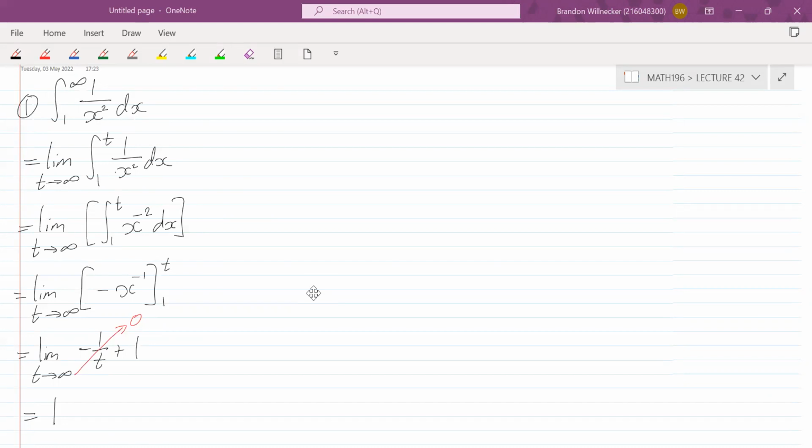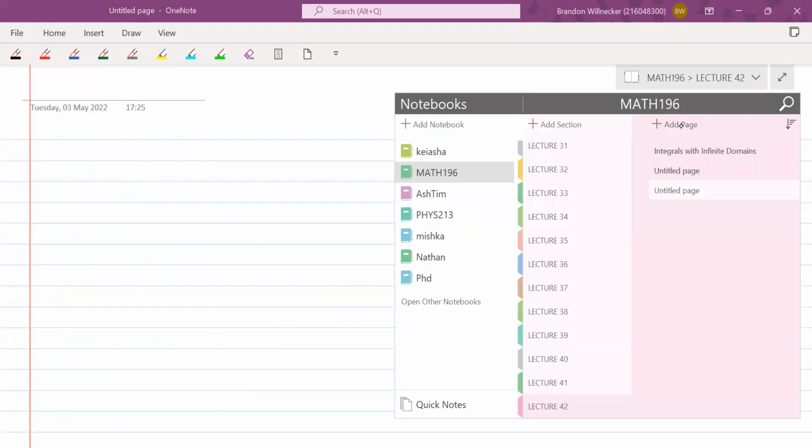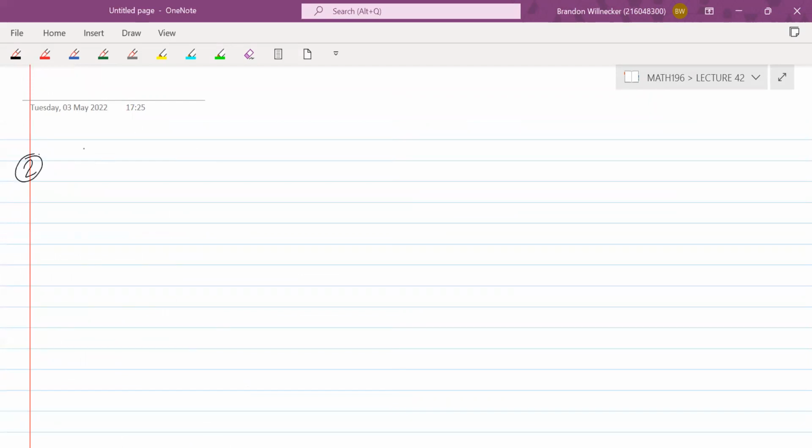Let's take a look at another example. Example 2. We have the integral from 1 to infinity of 1 over x dx. Okay, so similar to what we had before, but now the exponent of x is 1 instead of 2. Does this have an effect? Let's have a look.